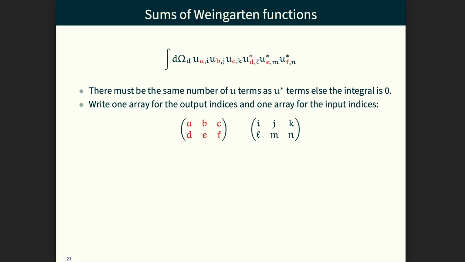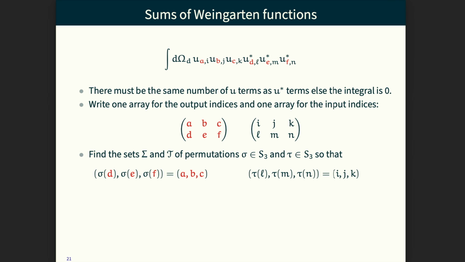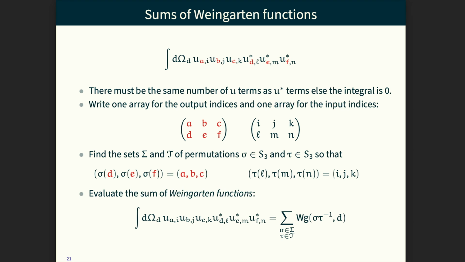The answer depends on finding shuffles, permutations of the bottom row of this one that will take it to the top row, and the bottom row of this one that will take it to the top row. Once you have found this set and this other set, you make a sum of these objects that are called a Weingarten function.